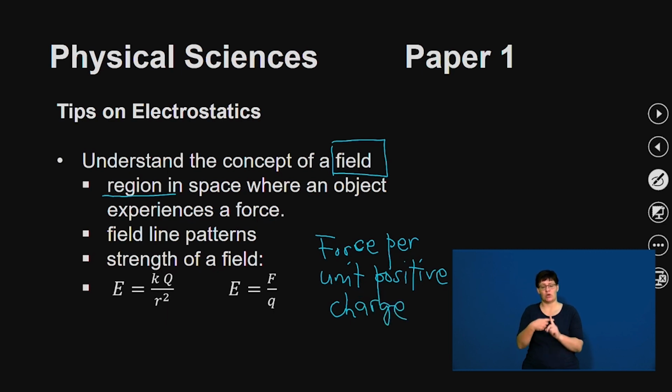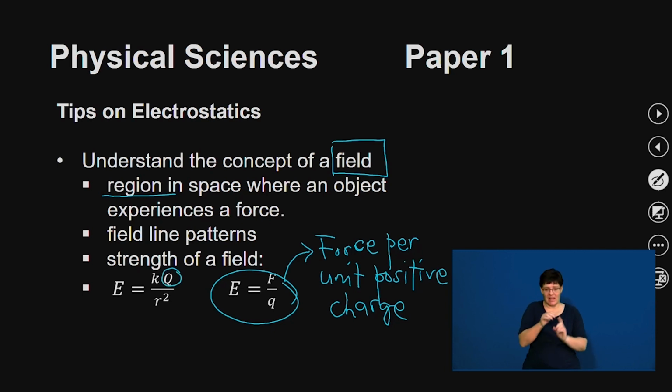So even the formula E = F/q is given in the data sheet. This is actually the definition in terms of the magnitude of the force experienced by a test charge in a field, okay? But in terms of calculation, we'll talk about a charge Q that creates the field, okay?